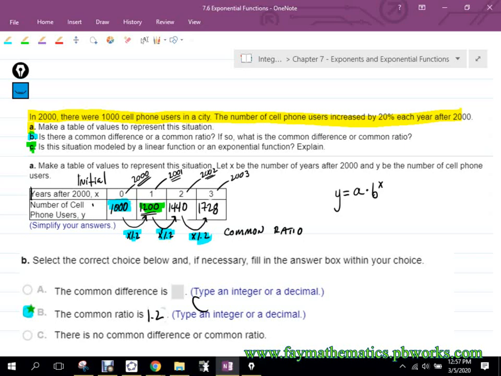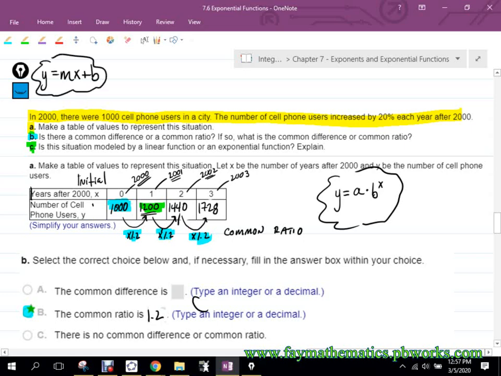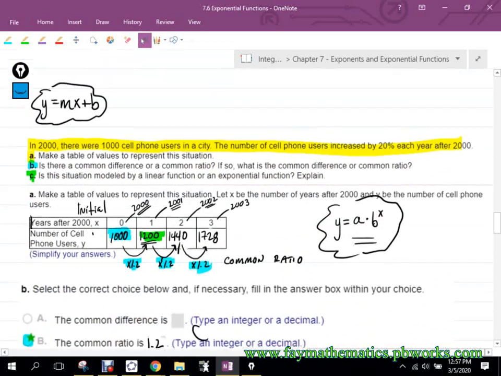Well, we know that this situation should be modeled by an equation like this. If we would have found a common difference, we would have known that the situation would have been modeled with something like that, right? That makes sense? That's linear. This is exponential. So we're going to start with y equals a times b to the x.